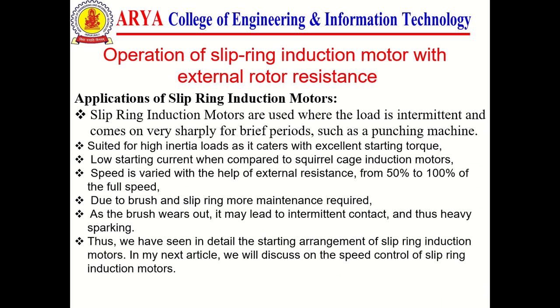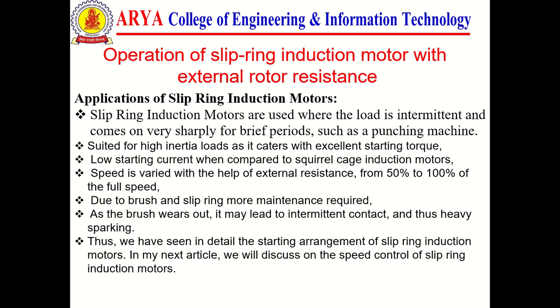Now we discuss applications of slip ring induction motors. These are the various applications of slip ring induction motor, whenever we require high starting torque. Slip ring induction motors are used where the load is intermittent and comes on very sharply for brief periods, such as a punching machine, and are suited for high inertia loads.